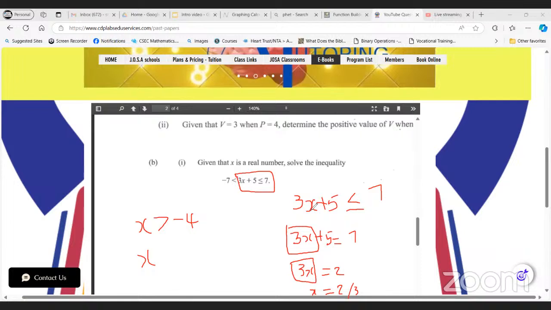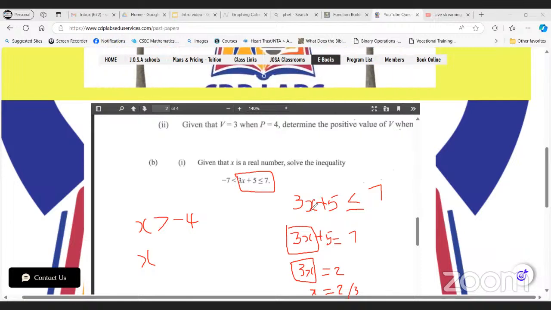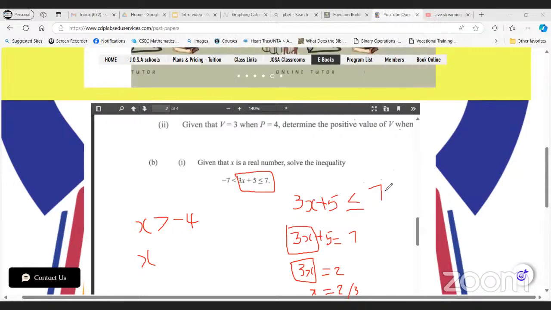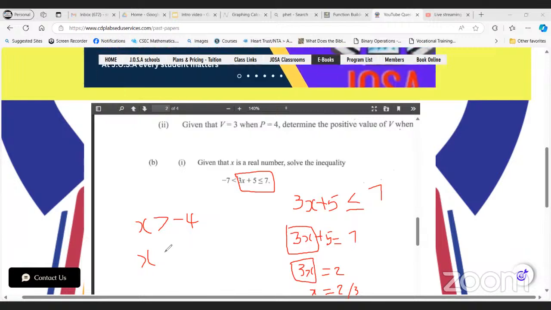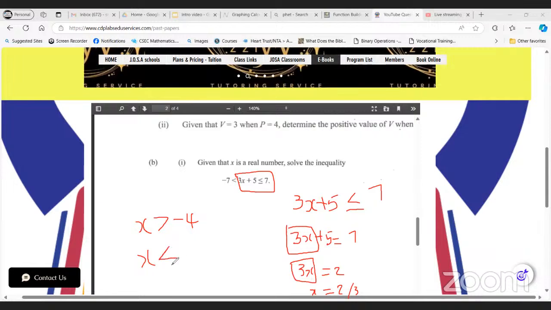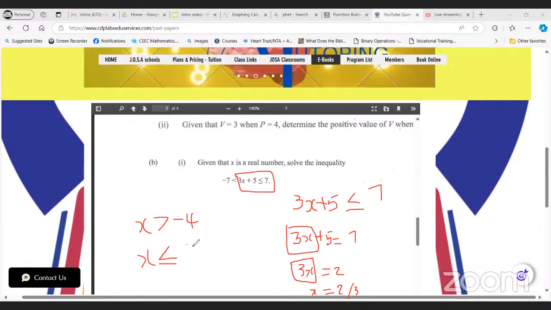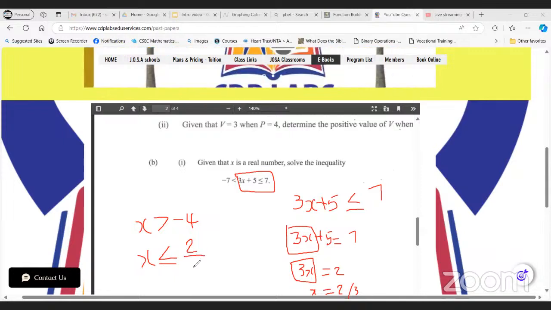If I plug in the value 2, it becomes 6 plus 5 is 11, will not be less than 7. So therefore, it cannot go beyond 2/3. Therefore, the value of x in this case would be less than or equal to 2/3.